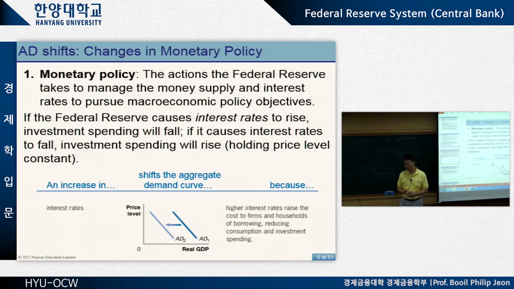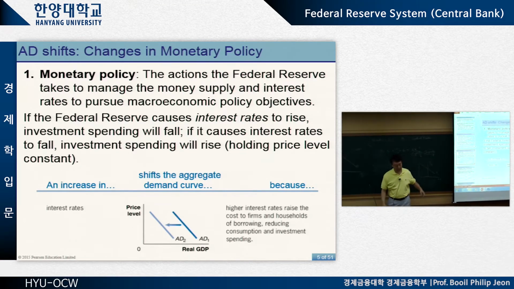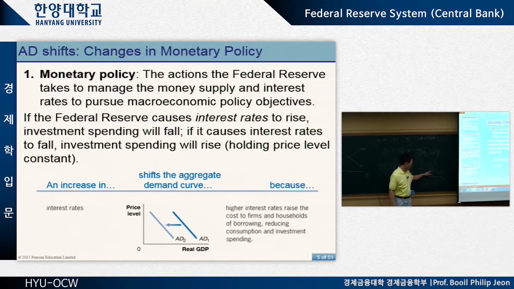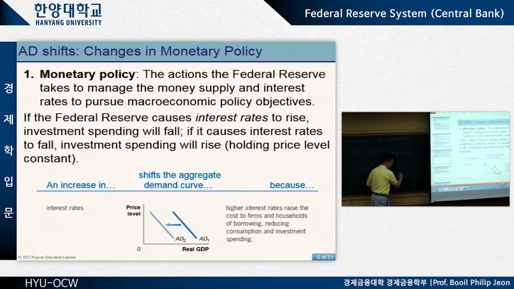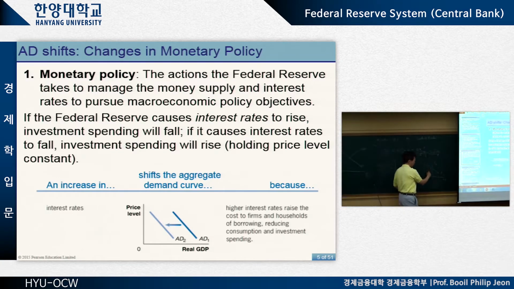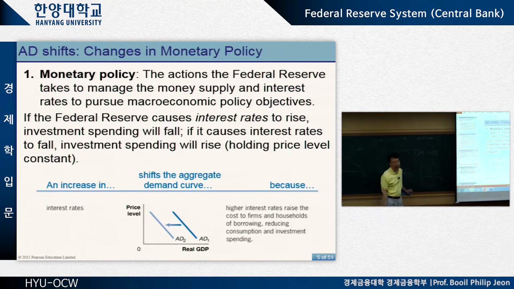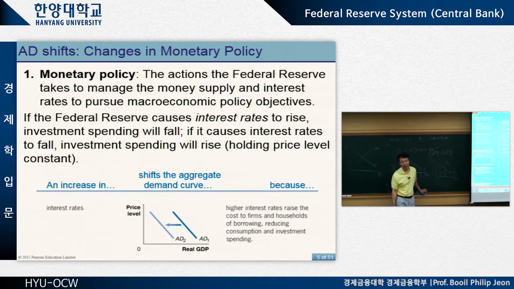Because they control the money supply. So regardless of the interest rate, this money supply is controlled. So the central bank, if they want, can increase the money supply or decrease the money supply, depending on their purpose. Right?